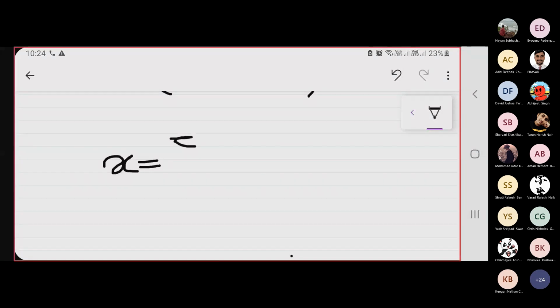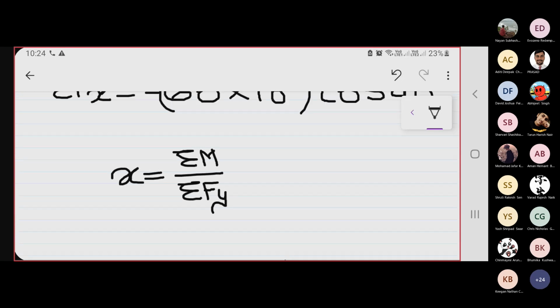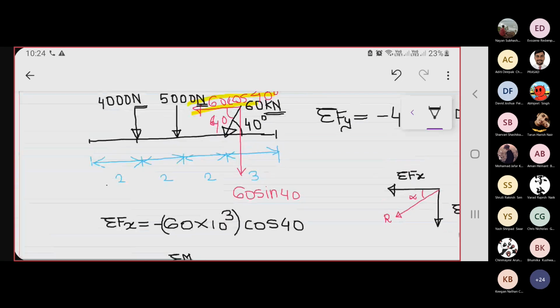X is equal to summation of moment divided by summation of forces in y direction. So you have to take a moment about one point. So which point we'll consider?